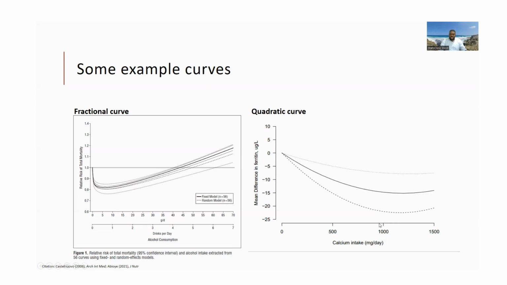So that means that the person who is taking 1,000 milligrams per day or 1,500 milligrams per day, the impact on iron status is essentially the same, right? If a person tells you that my dose of calcium every day is 1,000 milligrams, I want to increase it to 1,500 milligrams, but I'm not sure whether it would have an impact on my iron status, you might then say, oh, it doesn't matter at this point if you're already at 1,000 milligrams per day, even if you go as high as 1,500 milligrams per day, there is no further effect on the iron status.